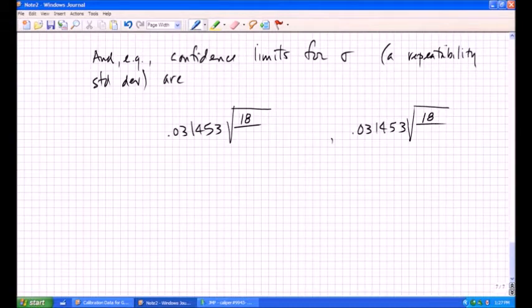And then if I want, say, 95% confidence, I'll have to look in a chi-square table for 18 degrees of freedom.